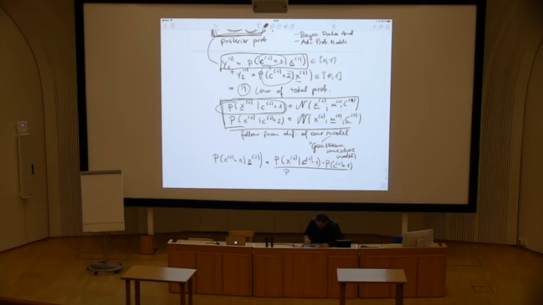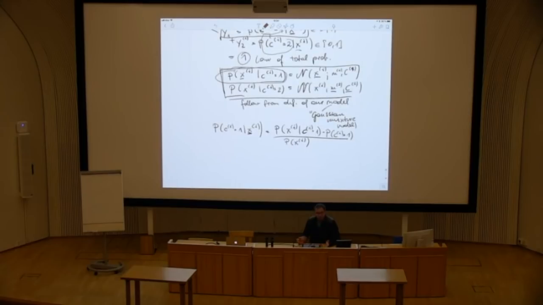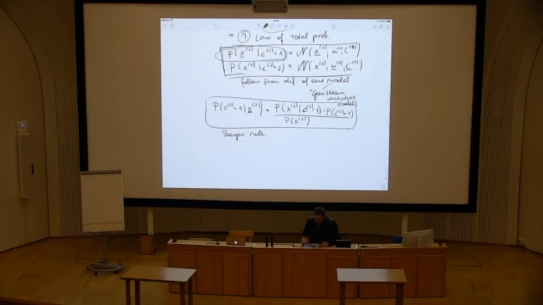Times the probability of xi. So this is Bayes' rule. This we know by construction. What about this here?